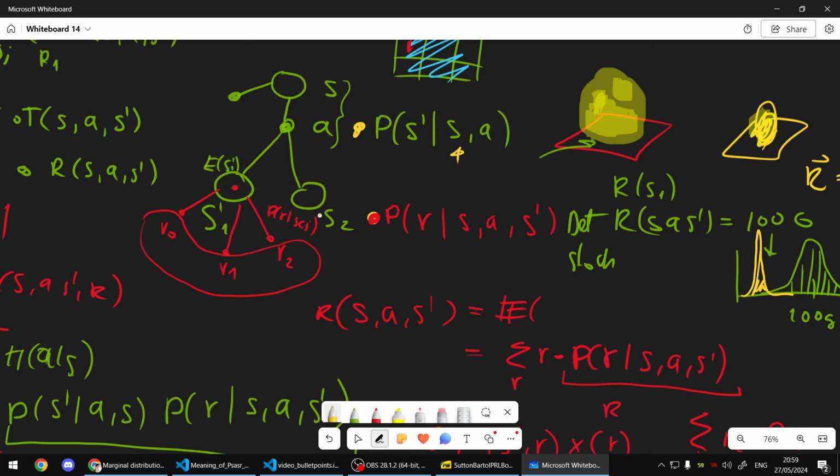And now we have to do an expectation over this layer, which of course includes all the previous.